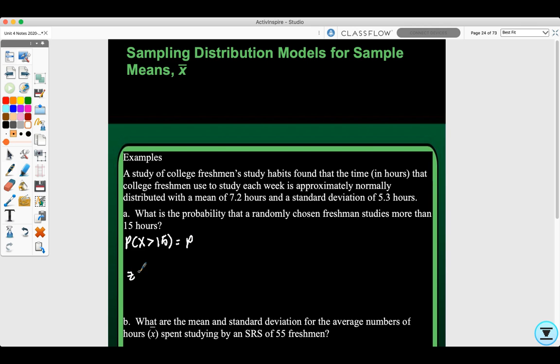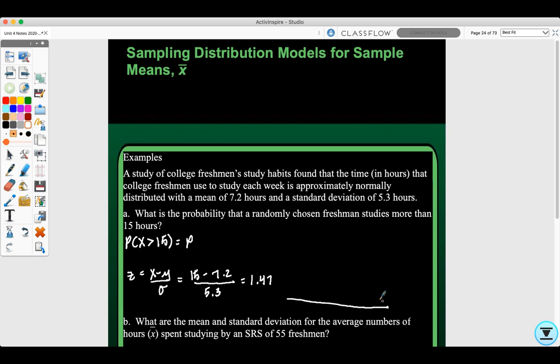So to find z, we need to remember that it's x minus mu all over sigma. So this would be 15 minus 7.2 all over 5.3. This would give us 1.47.